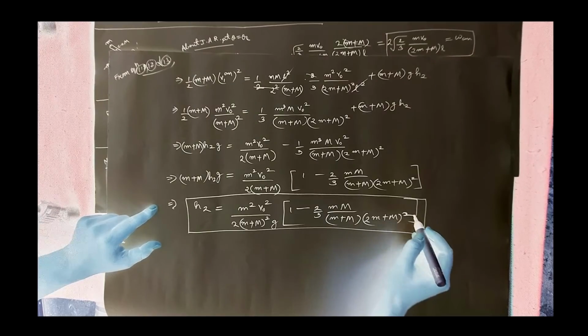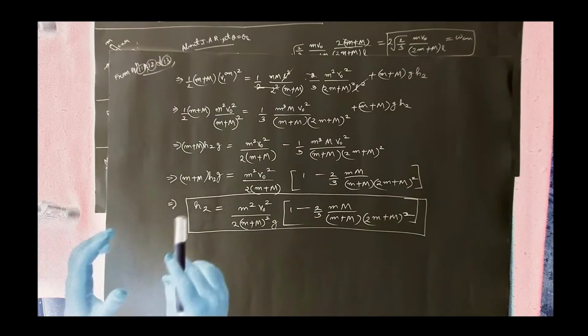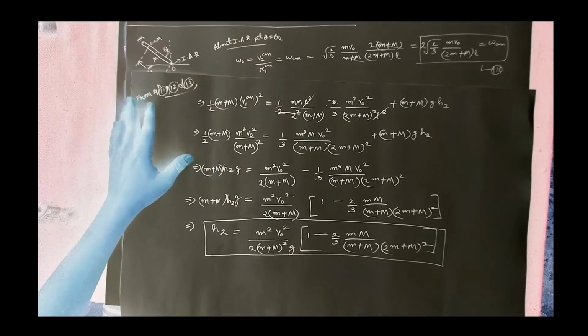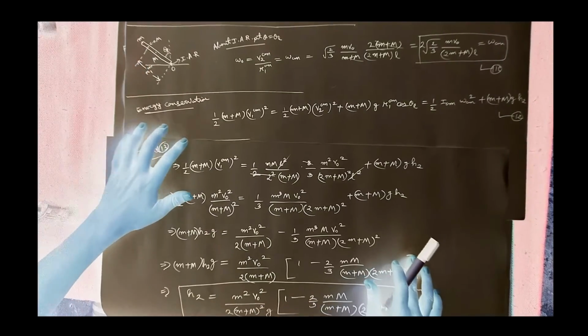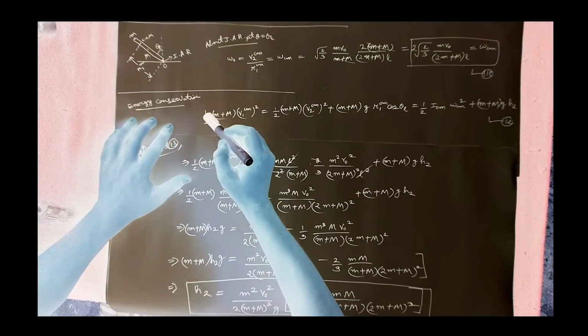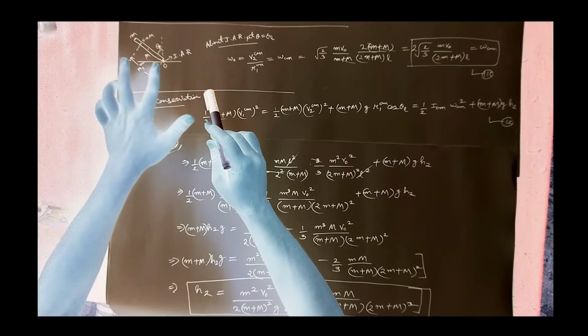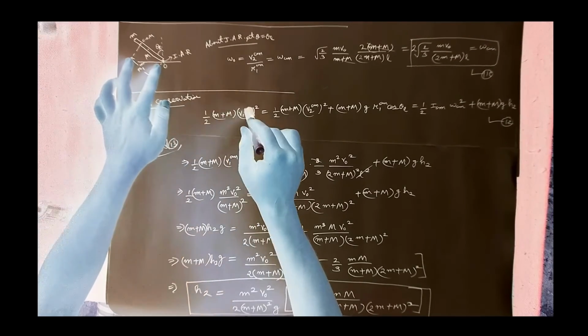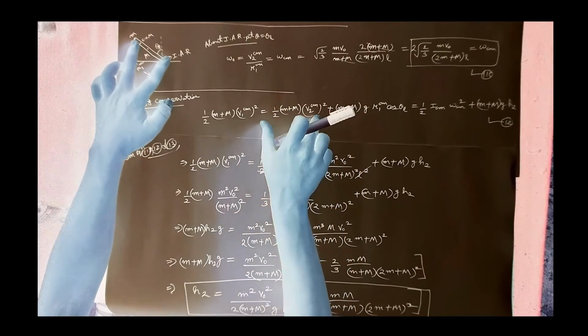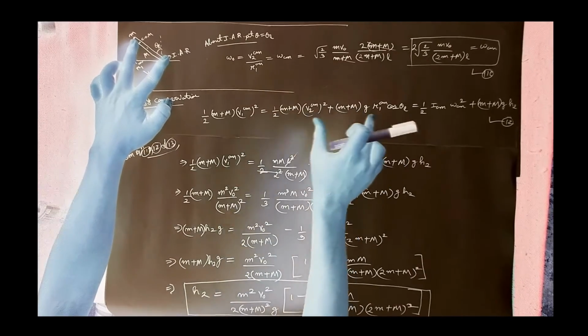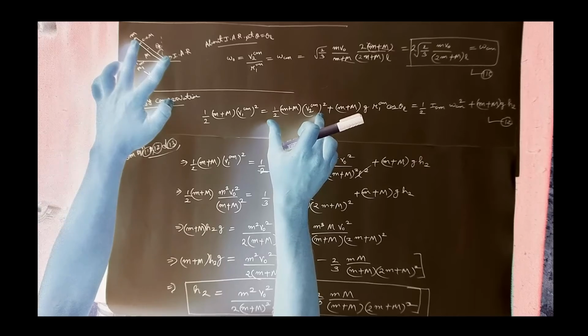Now see, what is this H2 value? This H2 value is the height of the center of mass from the table, from the ground level. Why? Because the energy conservation says that the energy just after the bullet has hit the block is going to be equal to the energy at theta L, that is translation kinetic energy plus rotational kinetic energy.